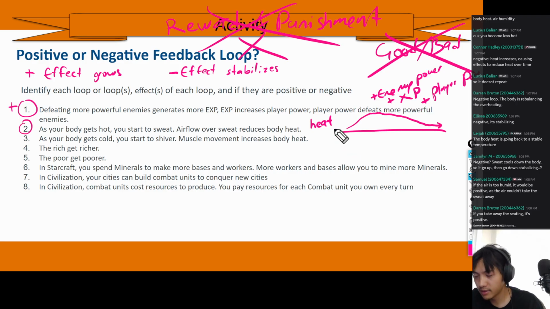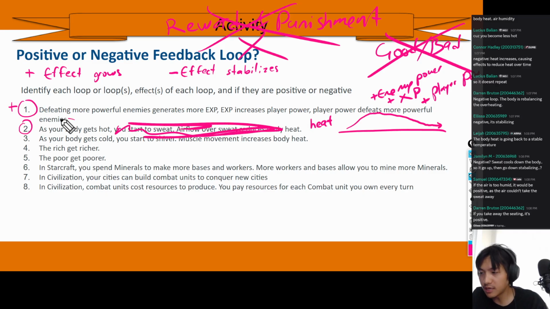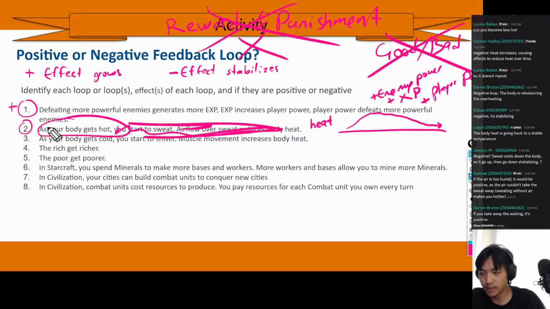No. It's not a feedback loop if it's just your body gets hot and that's it. A feedback loop requires the output to feed back into the input. It would have to be something that feeds back into itself.